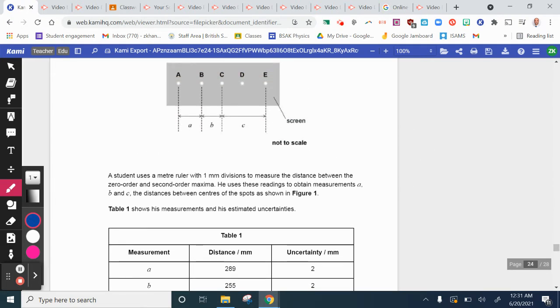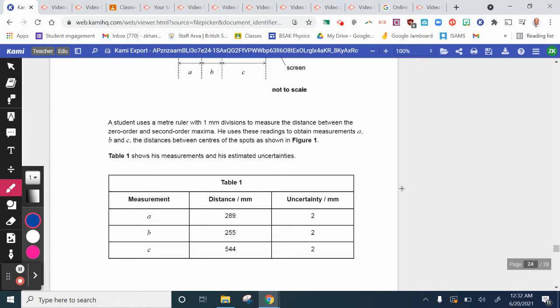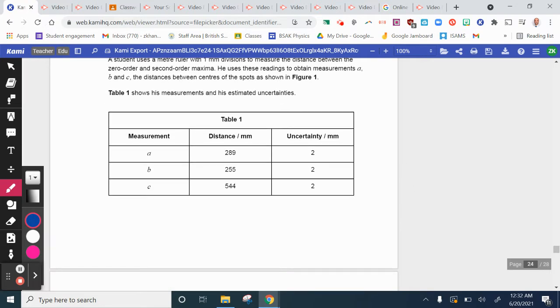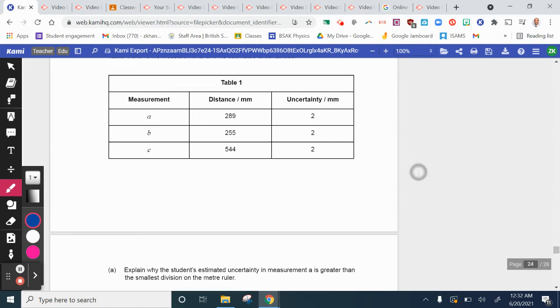We have to align our ruler at this position here, and at this position here. So the overall uncertainty on the ruler measurement should be plus or minus 1 millimeter, but it's actually 2 millimeters. So where has that extra millimeter come from?